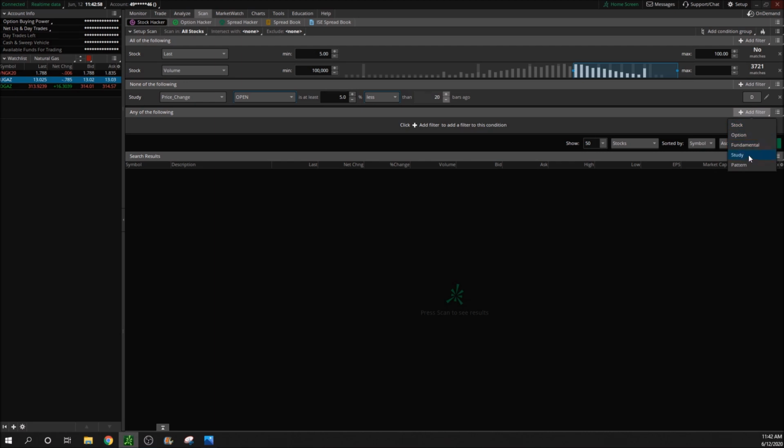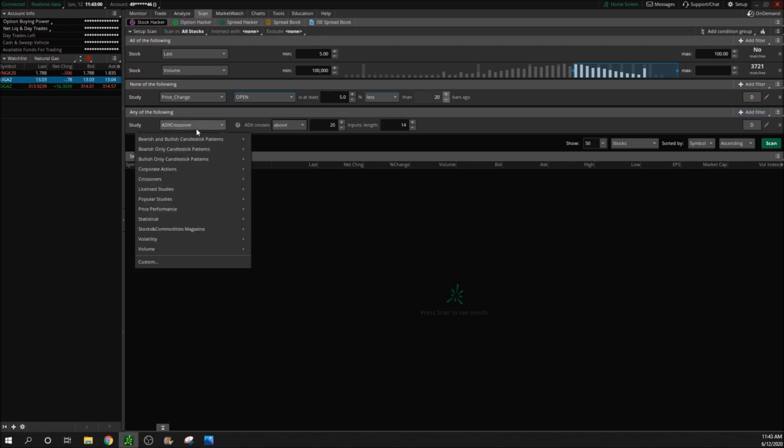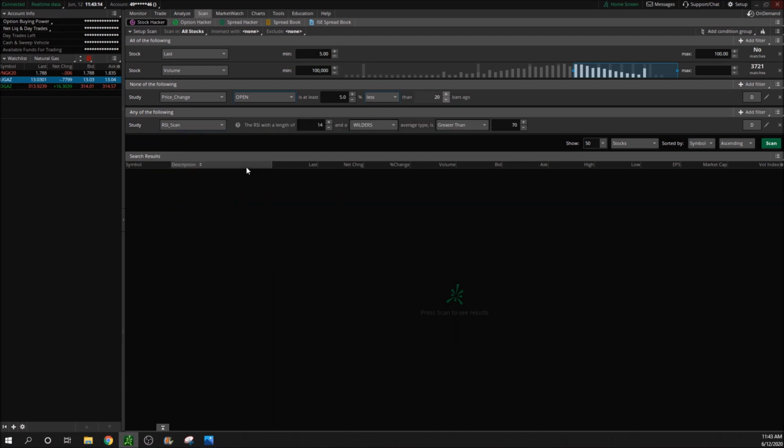And then the last filter that I'm going to add is another study, and this is going to be based on RSI. I believe this is under popular studies, RSI scan. It says the RSI with a length of 14.